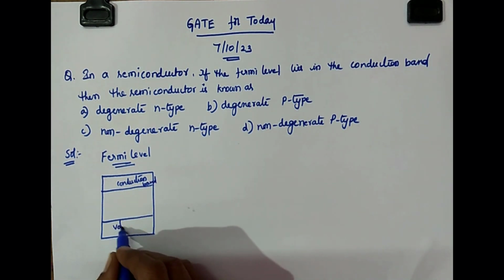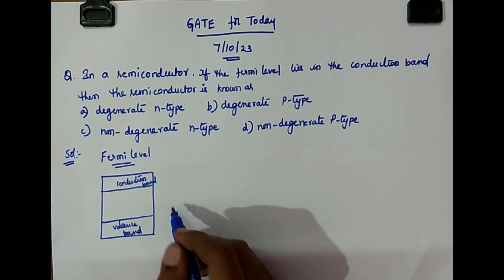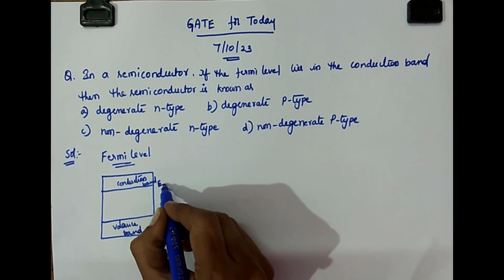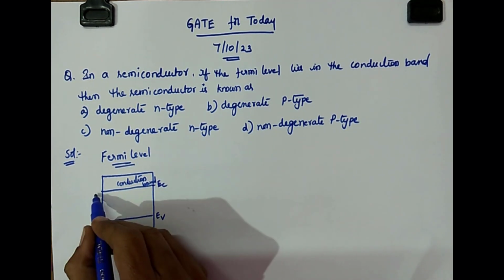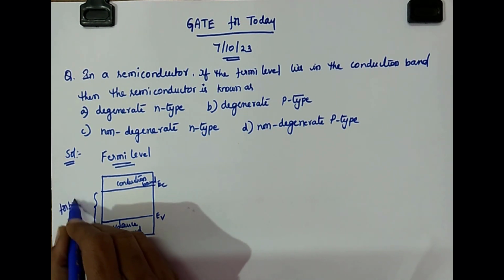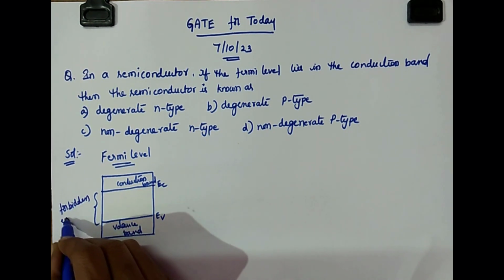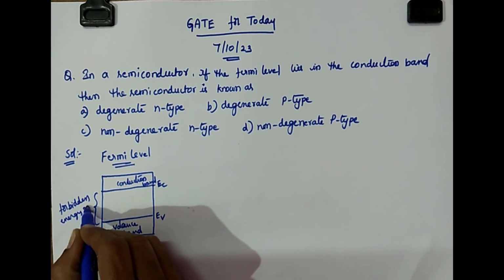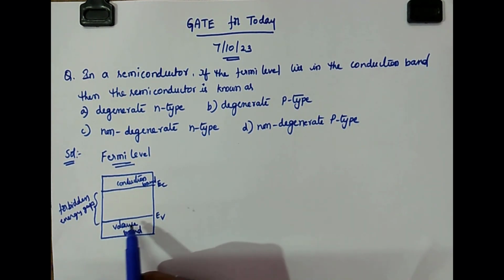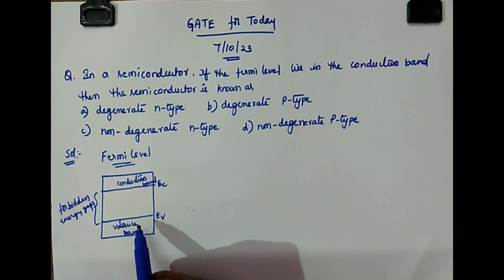This is the valence band. This is called the valence band energy level, and this is called the conduction band energy level. And this is called the forbidden energy gap. This is the energy band diagram of a semiconductor.